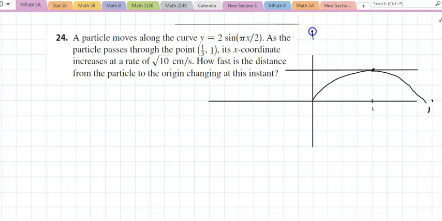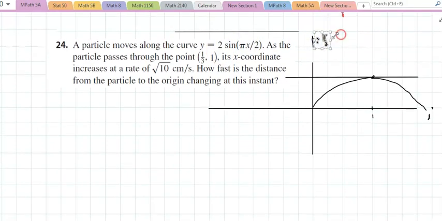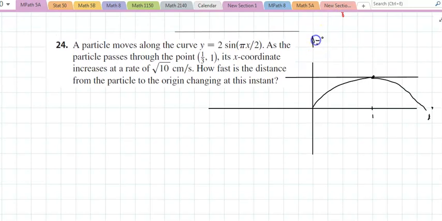Well, the period is 2 pi divided by pi over 2, which is 4. So this is 1, this is y equals 2.